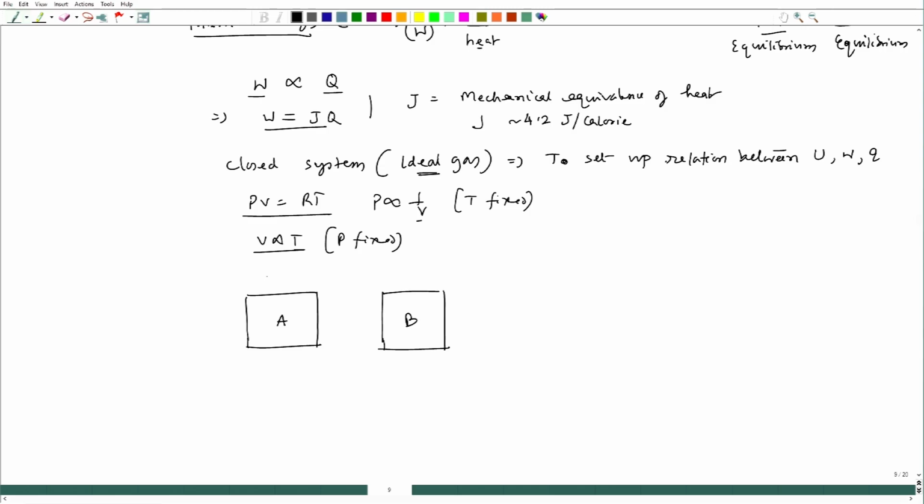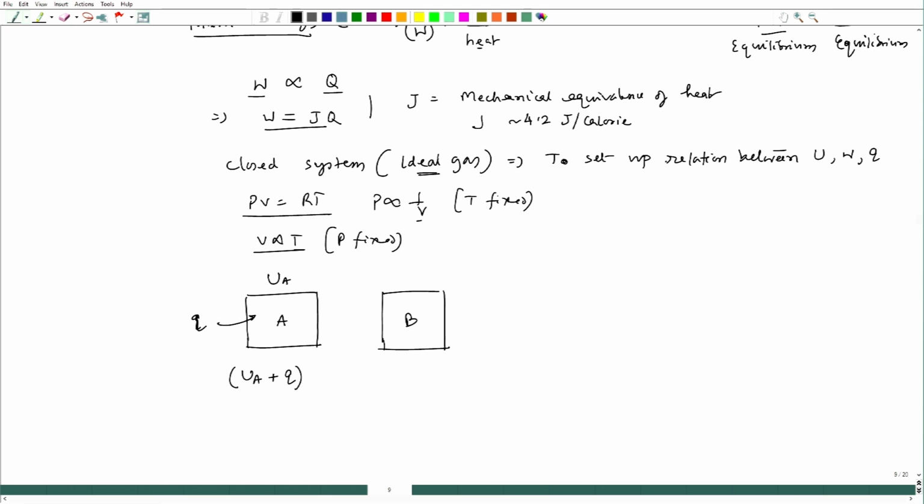Let us say I have some energy U A for the system, the internal energy, which we have already discussed is the energy within the system. Now if I send some heat, Q amount of heat, then the total energy of the system is U A plus Q.